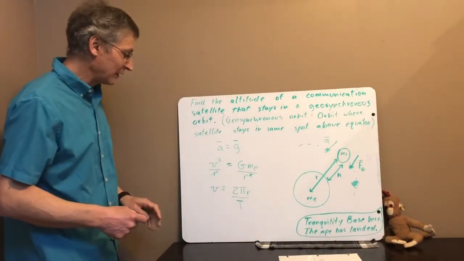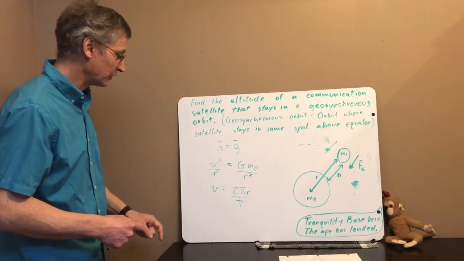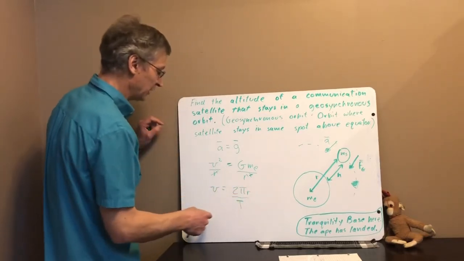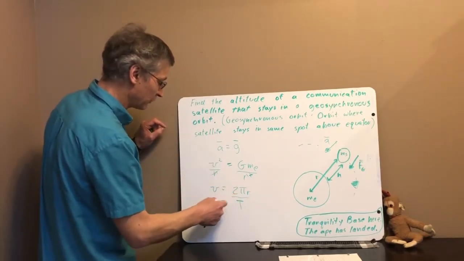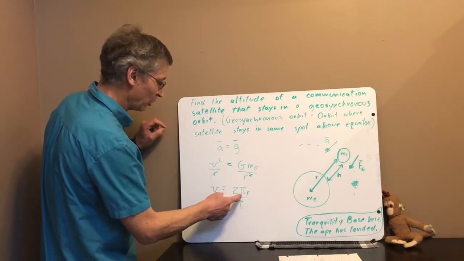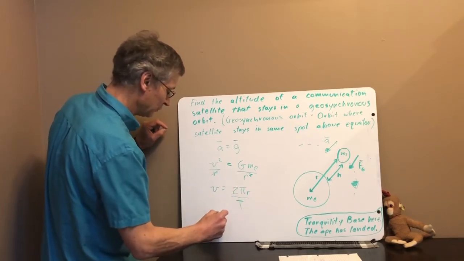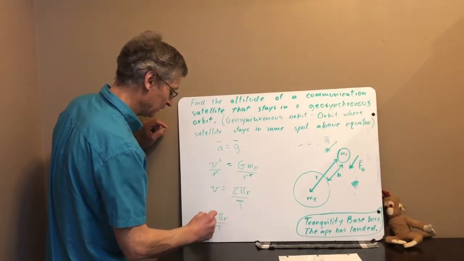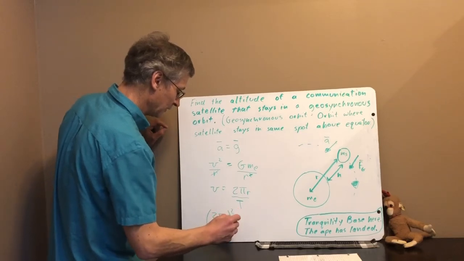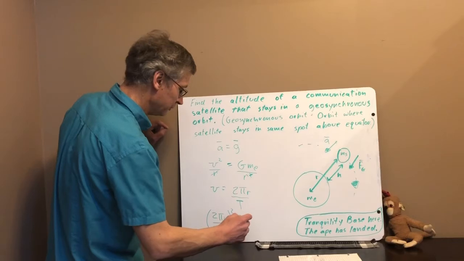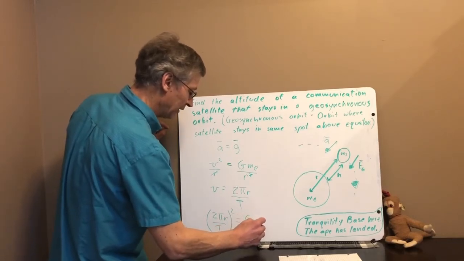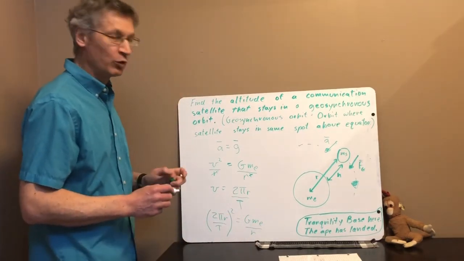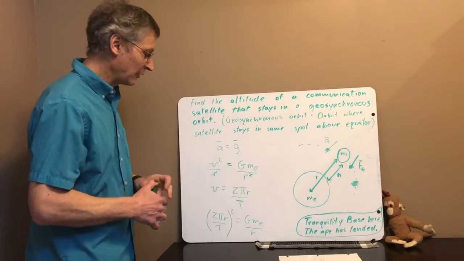Okay, so let's make this substitution. V is equal to 2 pi r over T. So I get V squared, if I substitute 2 pi r over T in for V, I get 2 pi r over T, all squared, and that's going to be equal to G M_E over R. And we're running out of space. We'll be right back with a little more space created.